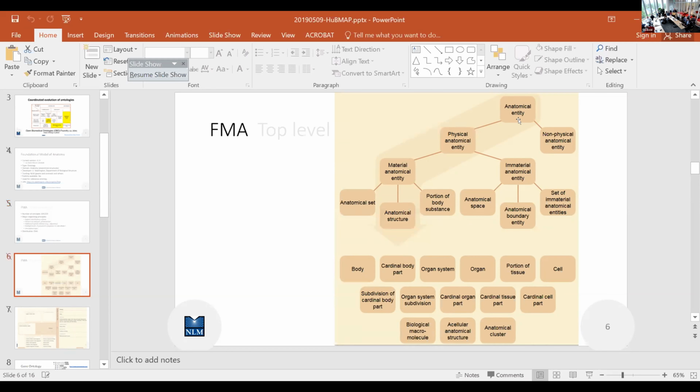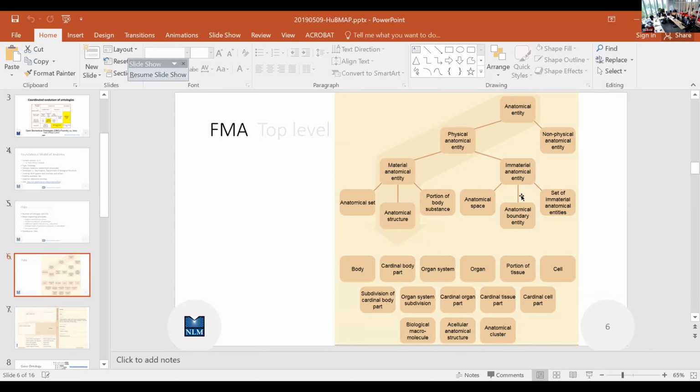So they separate anatomical entity into physical versus non-physical anatomical entities. And the physical anatomical entities are material or immaterial. The material ones are the organs and the kind of things that you would expect. And the immaterial ones are the spaces, the boundaries.